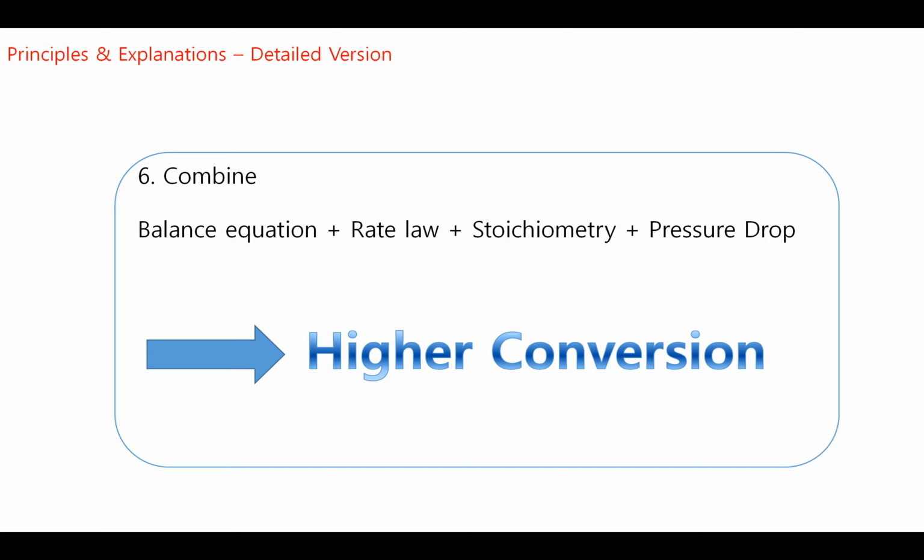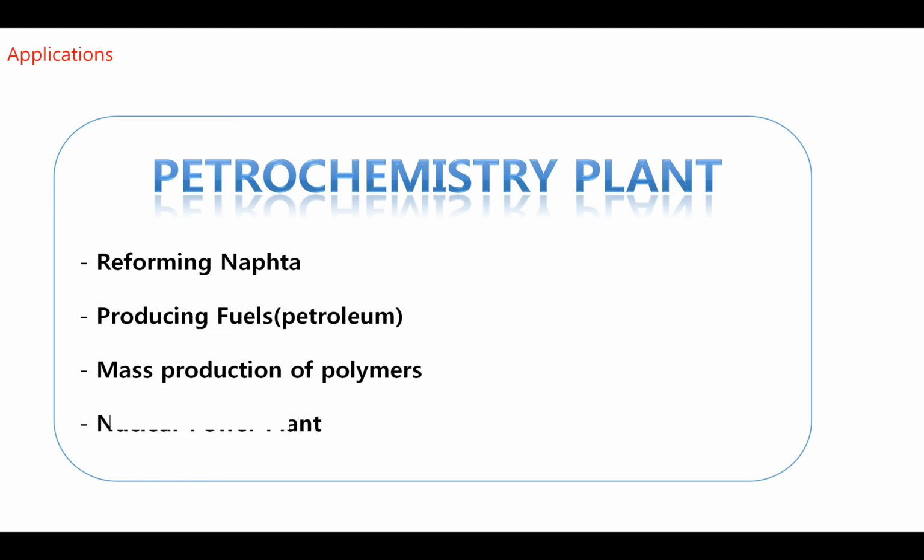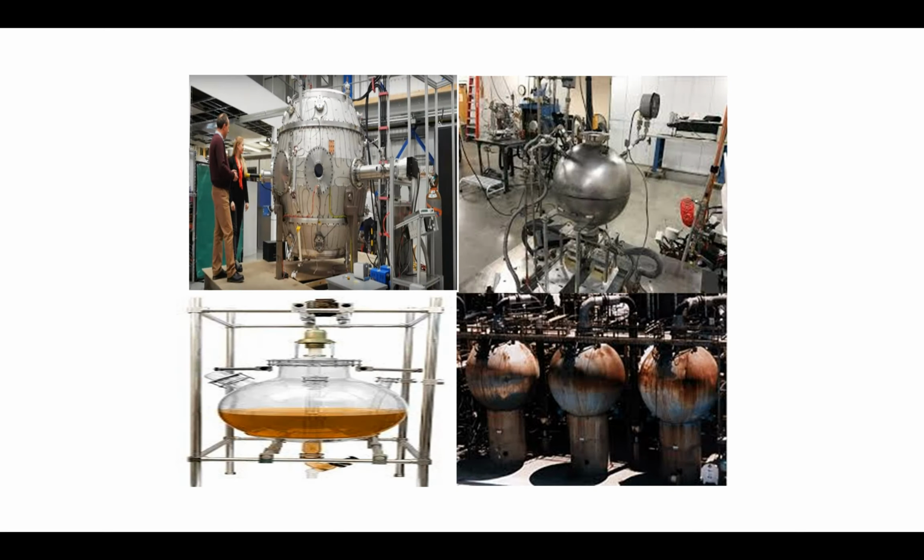So, considering its efficiency, there is no doubt that spherical reactor has many industrial applications, especially for large processes. To show you one of the most typical examples, spherical reactors are used at a petrochemistry plant, as shown here. And so let me show you some pictures of such an example. See?